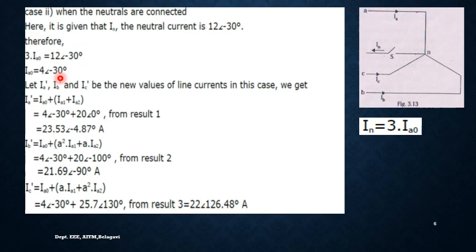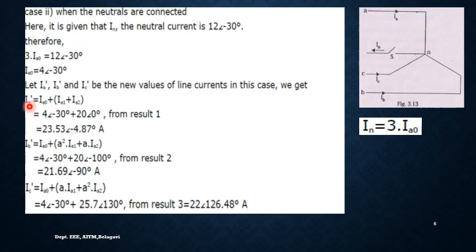After that, let us assume Ia dash, Ib dash and Ic dash are the new values of the line current. We need to find these new values of line currents in terms of sequence components. These are the equations which we know, used to find each line current.